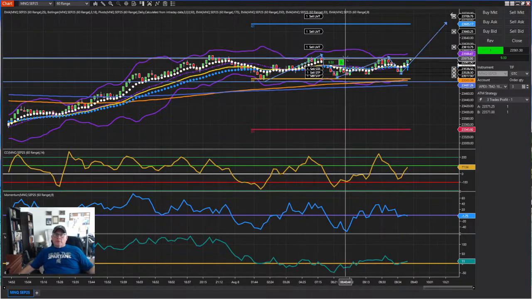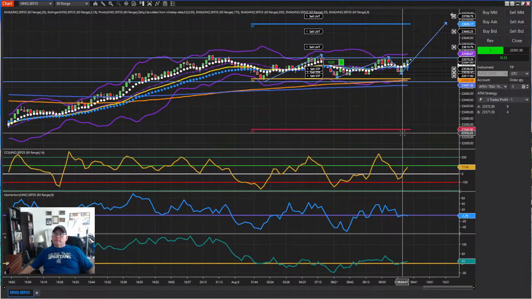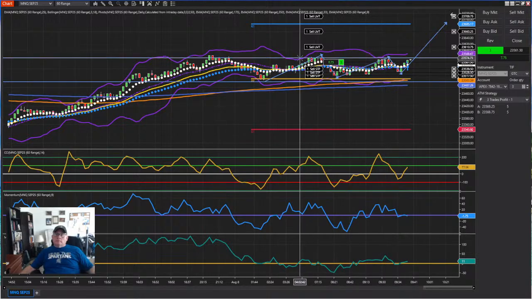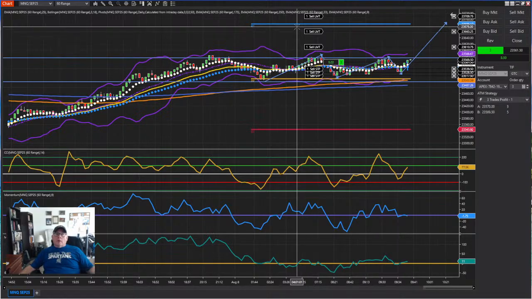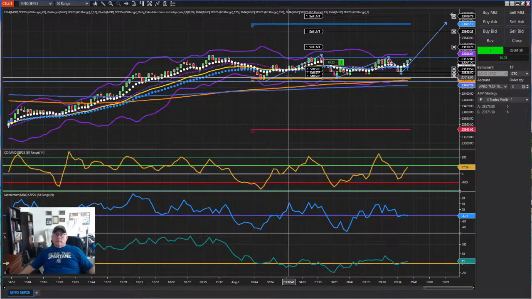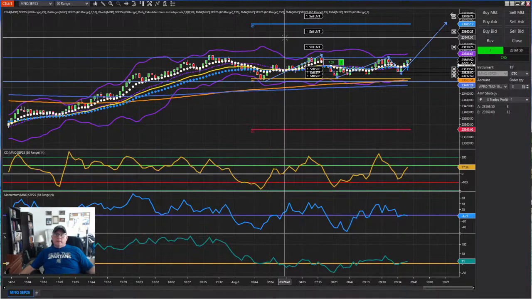See if we have enough strength to get through here. Target of going to R1 roughly right now. Notice we're trading basically in the middle.